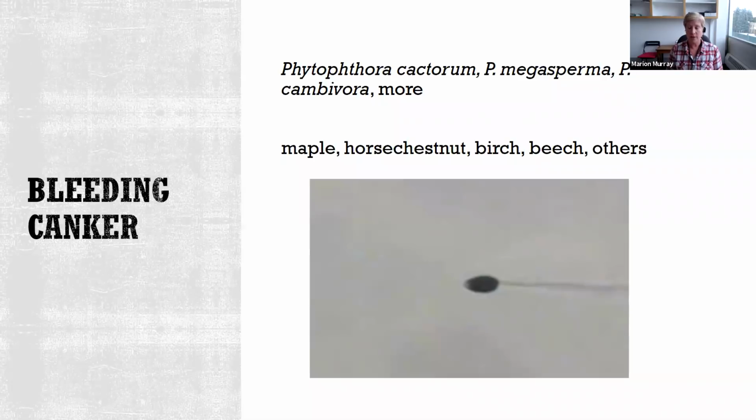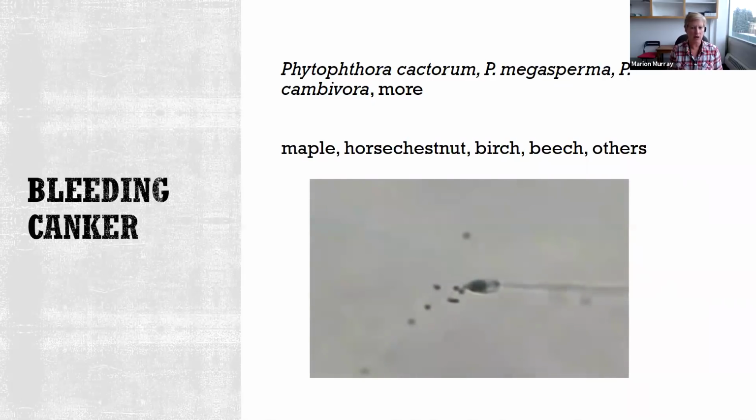In the Intermountain West or in Utah, I've mostly seen this on maple, horse chestnut, birch, beech, and others. What you're seeing in that video is a fruiting body releasing its spores. Those spores are swimming around and they won't survive too long, but they're looking for some bark to cause infection. So you look at that and you think, okay, this is a pathogen that needs water in which to spread. And that's true.